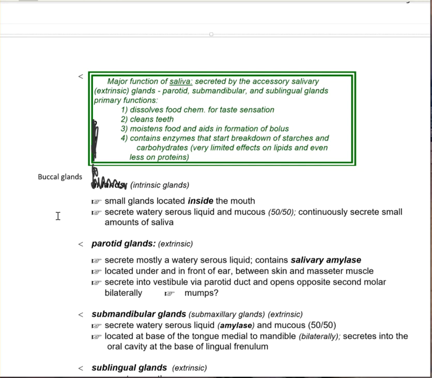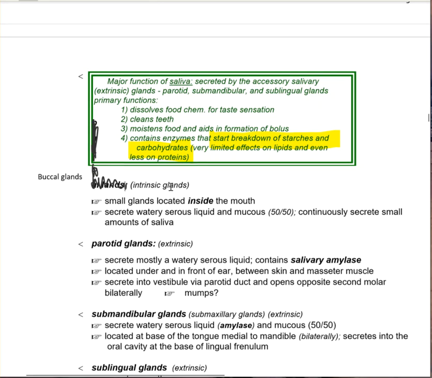And then, actually there are two more things. There are enzymes that start to break down starches and carbohydrates. You have probably heard of salivary amylase before. But there are very limited effects on lipids and even less on proteins. For the purposes of this class, we're going to ignore any lipid or protein breakdown that occurs here. We're going to focus on where protein and lipid breakdown occur elsewhere.